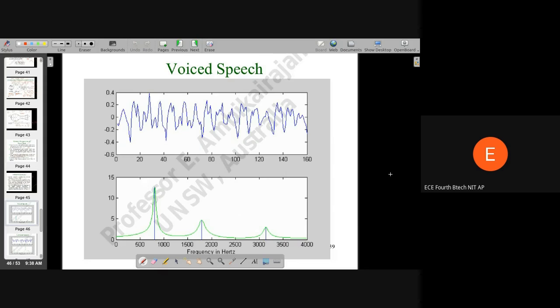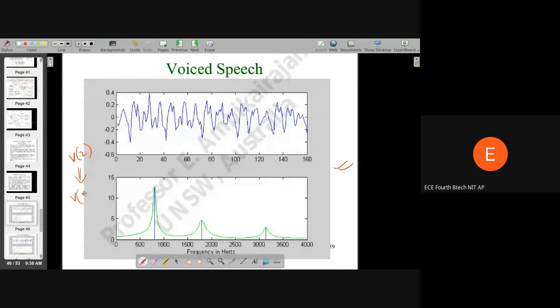So this is the representation for voiced speech. Imagine you are able to segregate the information and find the vocal tract resonance, the spectrum of the vocal tract, V(z).